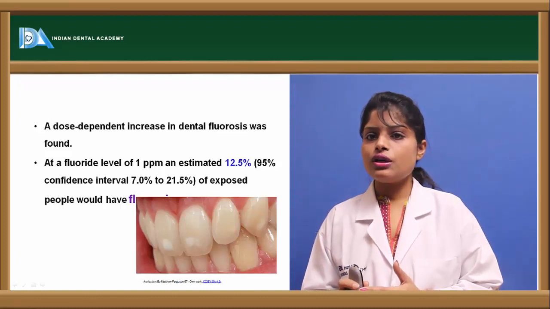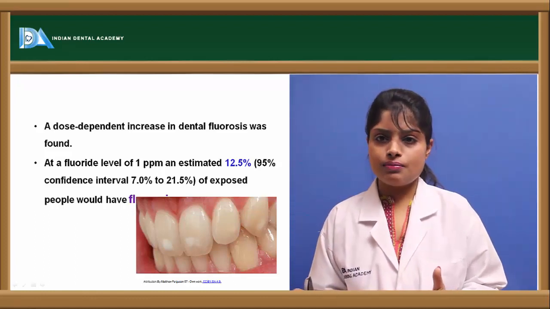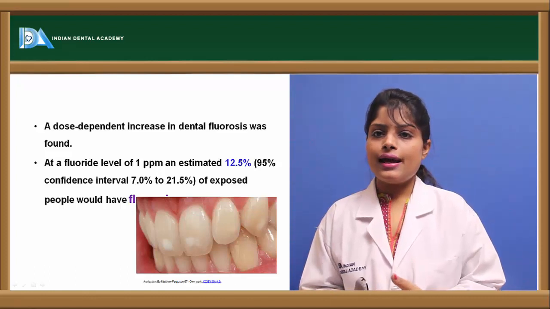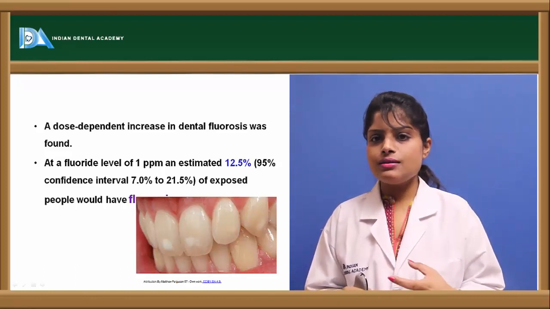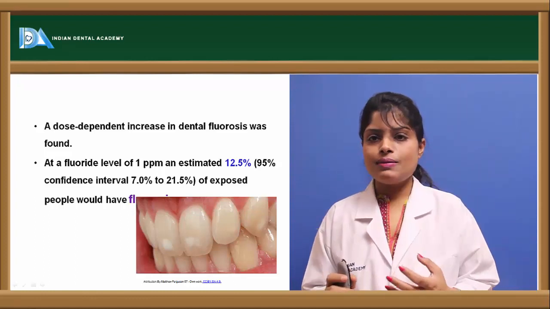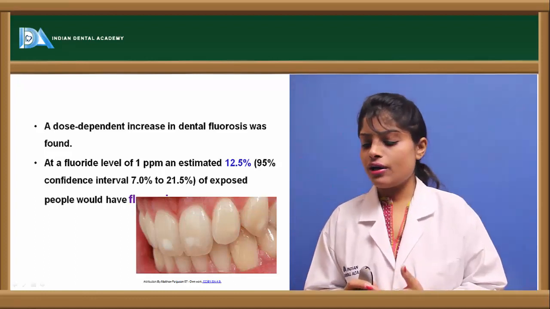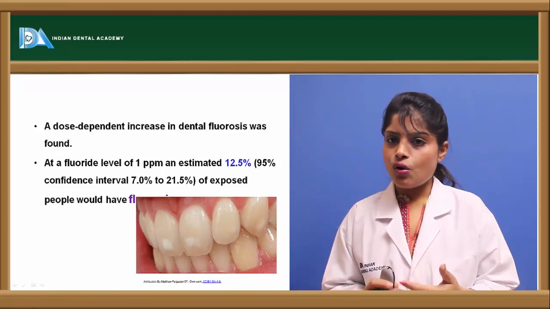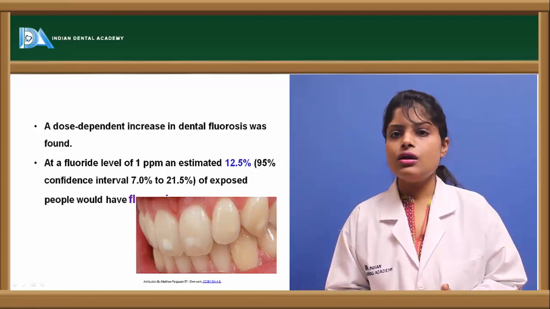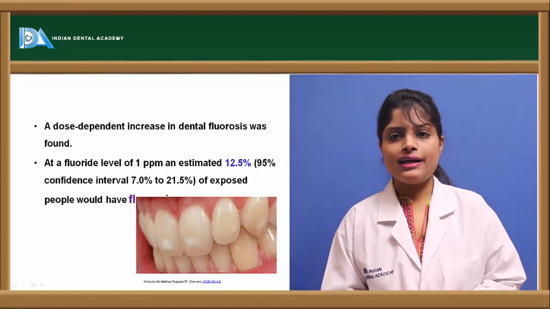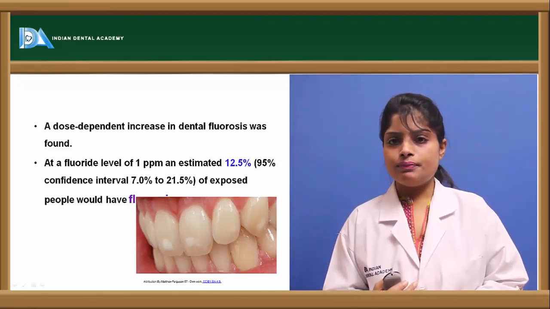Then it also does not require a very large setup. It will not lead to any further problems. So it is one of the least expensive methods of fluoridation. And there is also consumption of water on a regular basis, so the people will be exposed to the fluoride level regularly.